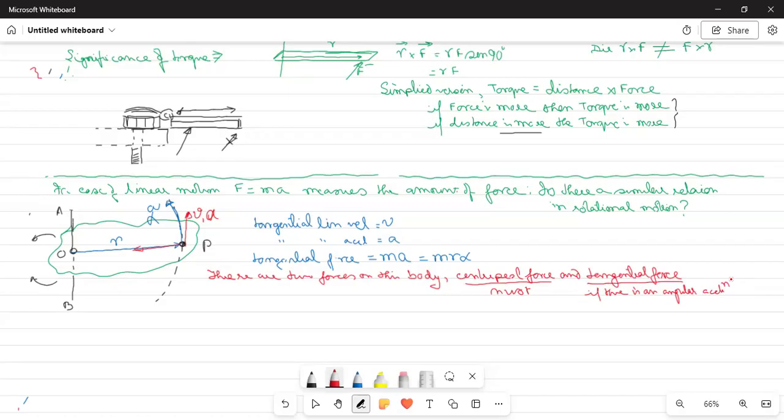In our case there is an angular acceleration because we have applied a force.